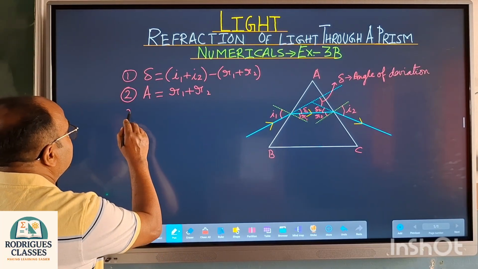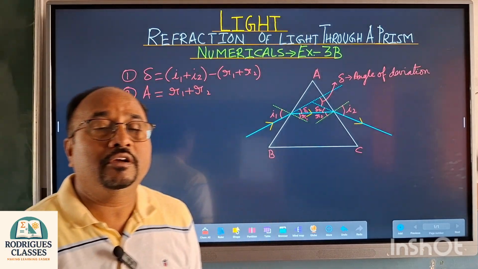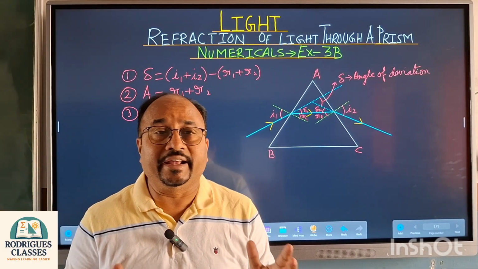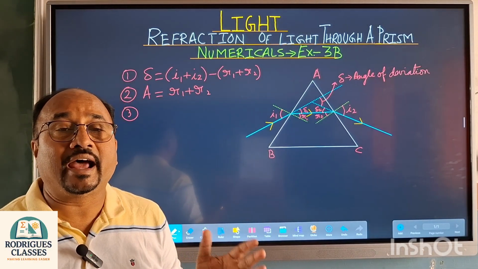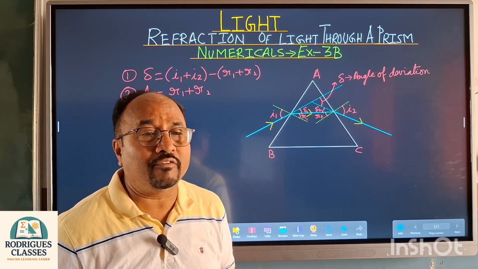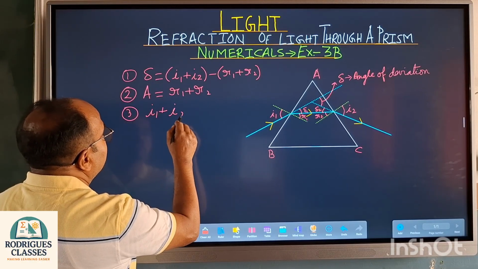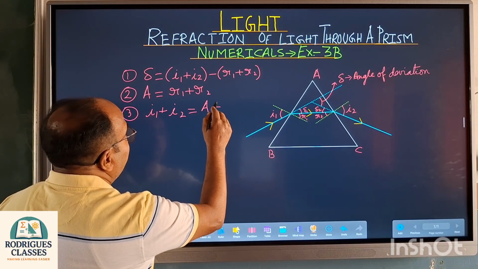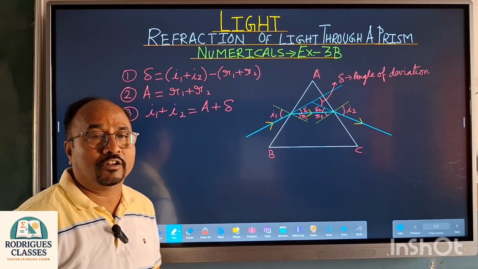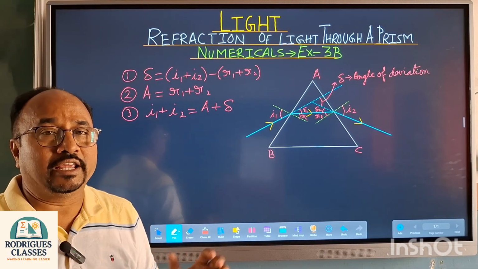Then the third relationship, which is a very important one and will get used while doing the numericals, connects I1 and I2, angle of incidence and emergence, angle of prism and angle of deviation. So it is I1 plus I2 is equal to the angle of prism plus the angle of deviation. This is the one which will be used mostly.